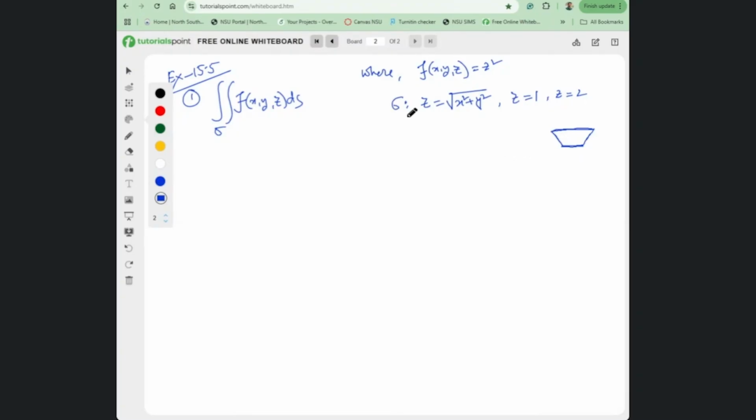Now z is given by square root of x square plus y square, z equals 1, z equals 2. So you see here there is a circular part, right?